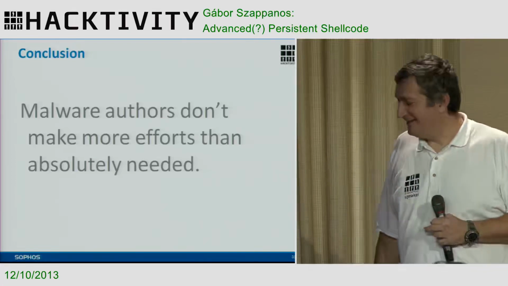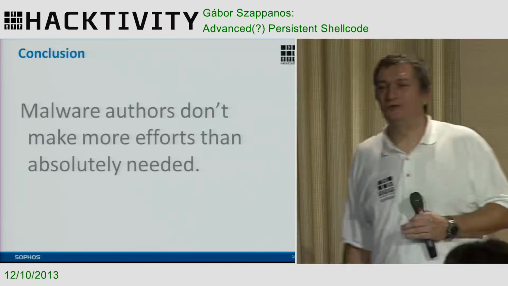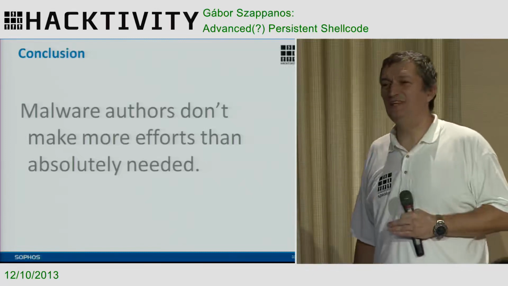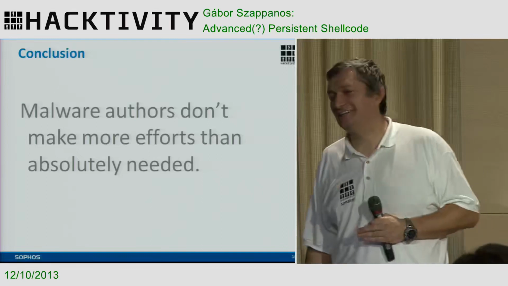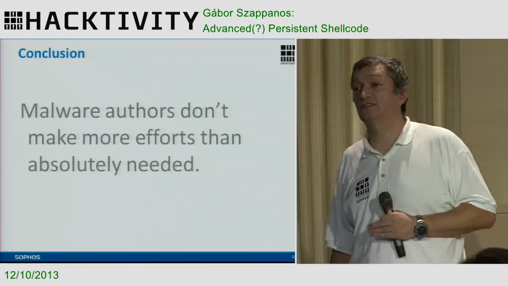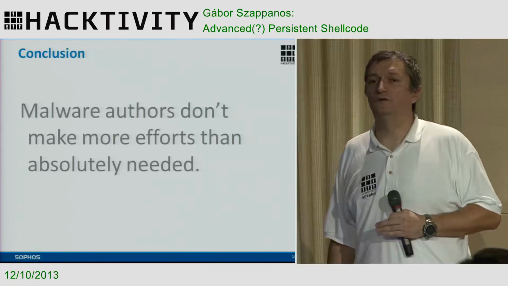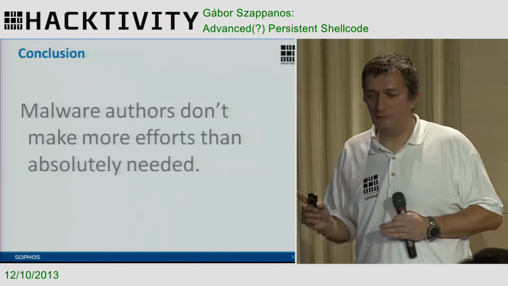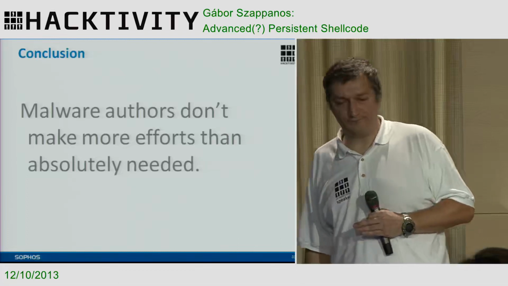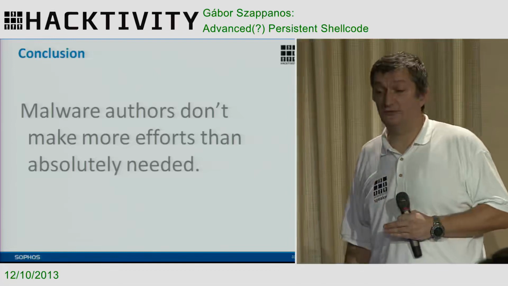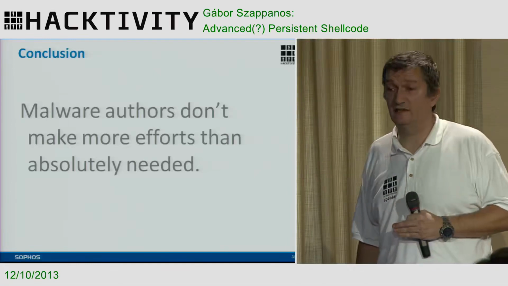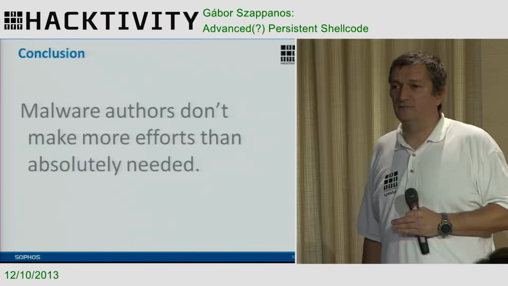Yesterday, Boldy mentioned that the Miniduke attack could have been stopped if Microsoft's EMET mitigation tool was installed. I can make an even stronger statement than that. Just recently, security researchers published a study where they investigated simple tools.